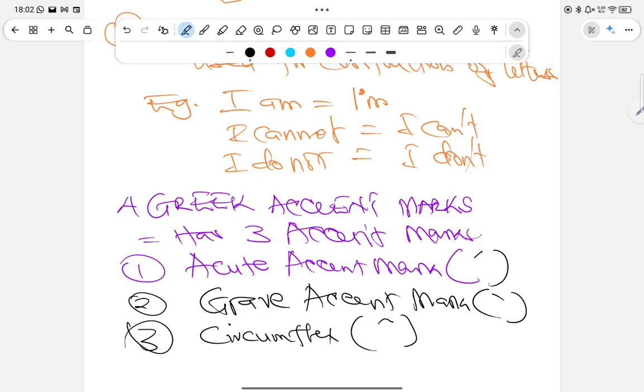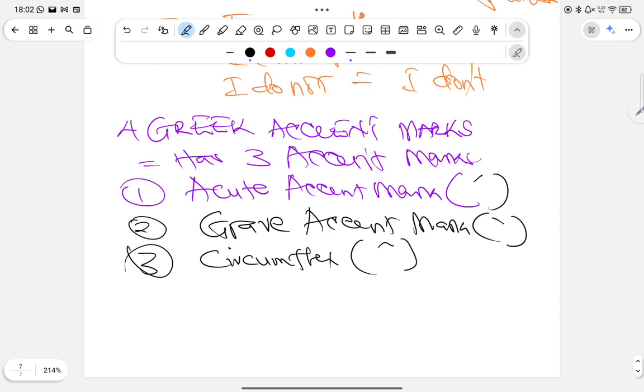Now, the purpose of the accent marks is twofold.